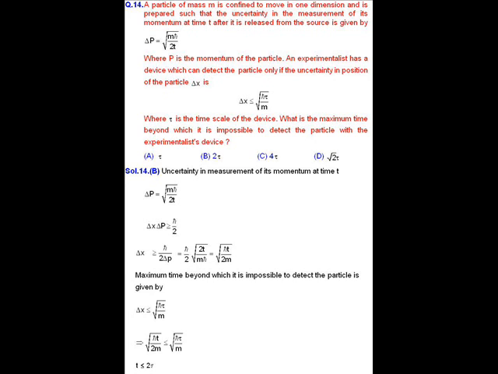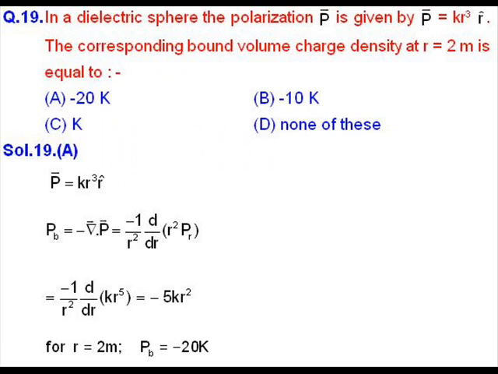It should be equal to delta x calculated in the above equation. It means square root of h cut t upon 2m should be less than or equal to square root of h cut tau upon m. That implies t is less than or equal to 2 tau. It means option B is correct.